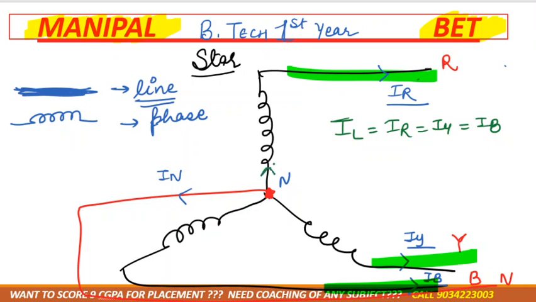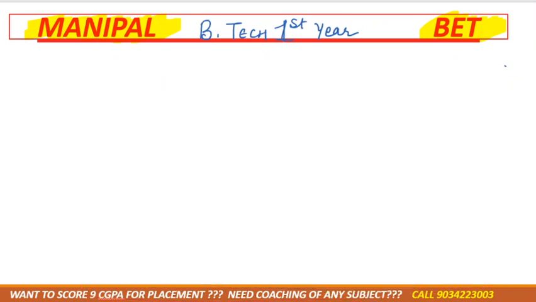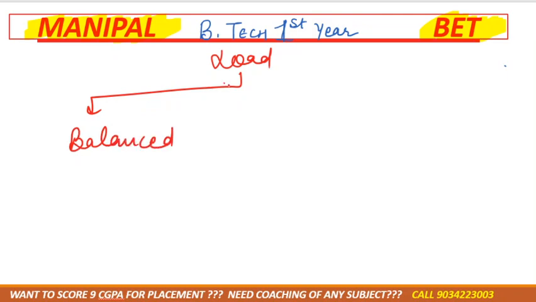Yes, this is equal, because I am telling you for the balanced load. Basically there are two types of loads in your syllabus. One is balanced load and another is unbalanced load.